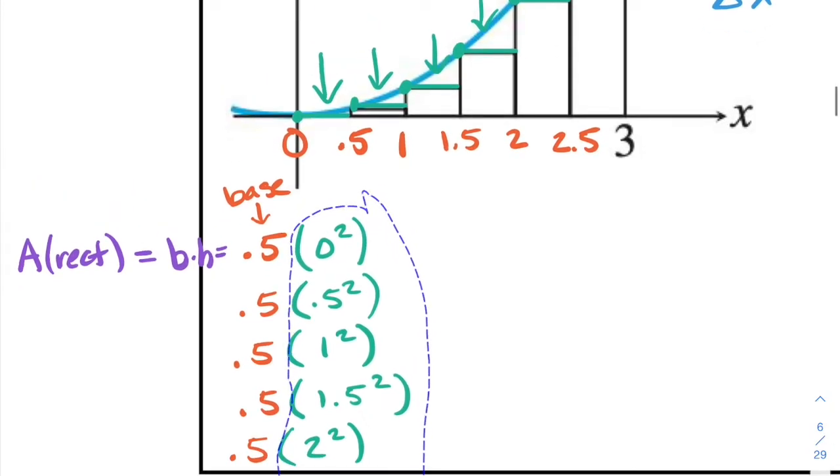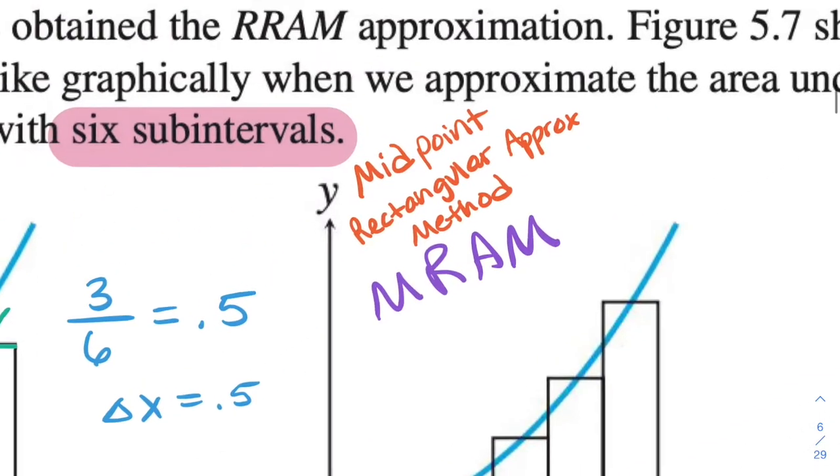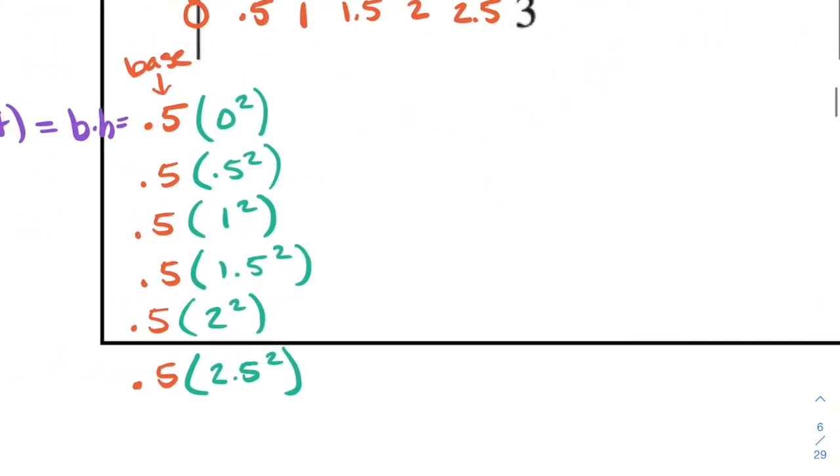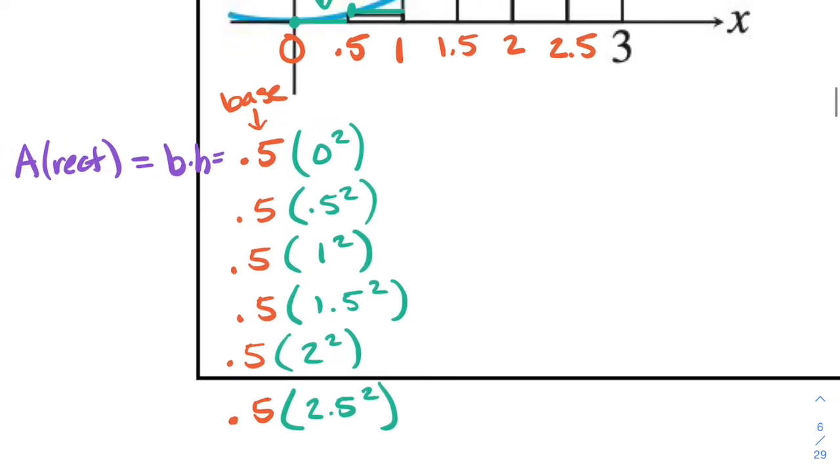The height of each rectangle is based on squaring. My endpoint is at those locations because x squared is what I'm doing. I'm just evaluating x squared. If my function was different, I'd evaluate a different function. But for right now, x squared is what we got.